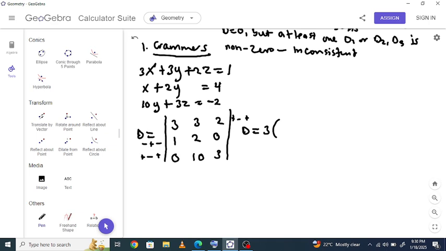You block the first row, you block the first column. You'll be left with a 2 by 2 matrix. You get the determinant, leading minus the other. So we have 6 minus 0 minus 3 into. You block the first row, you block the second column. You will have 1 times 3, which is 3 minus 0, plus, lastly we have 2.